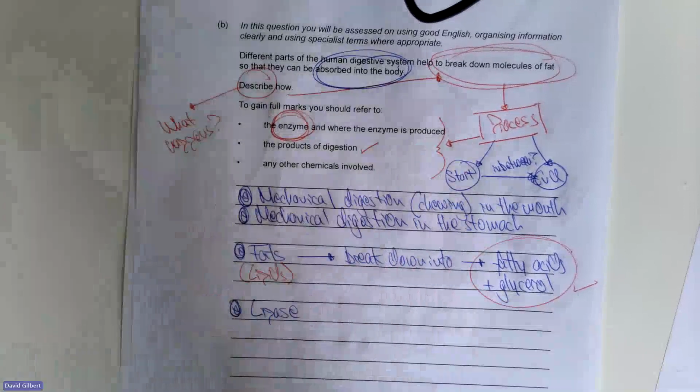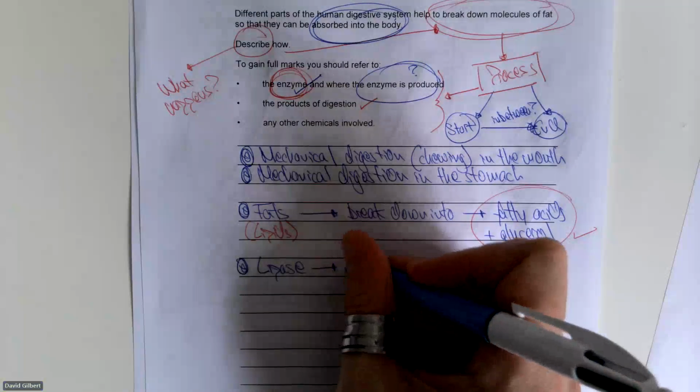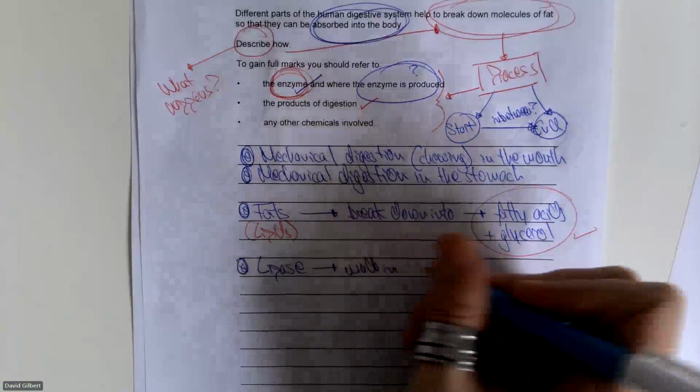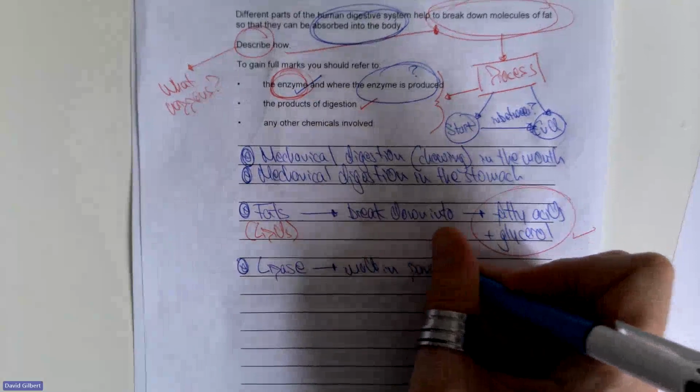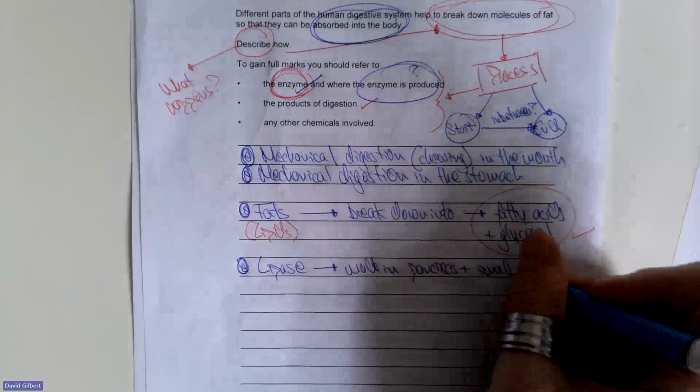It's lipase. So lipase is our enzyme. Great. Where's it made? Now we've got a couple of places it's made in the body that we looked at before. So lipase is made in the pancreas and the small intestine.